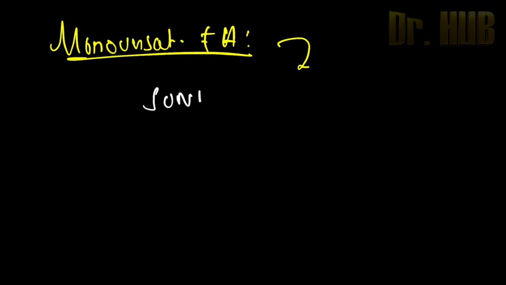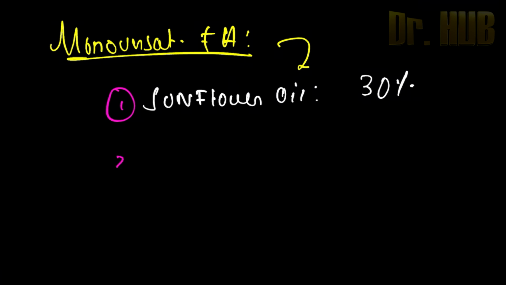Monounsaturated fatty acids. Under this, the maximum, the first one, will be the sunflower oil, which accounts for about 30%. The second will be the soya bean oil, which comes up to 23%.